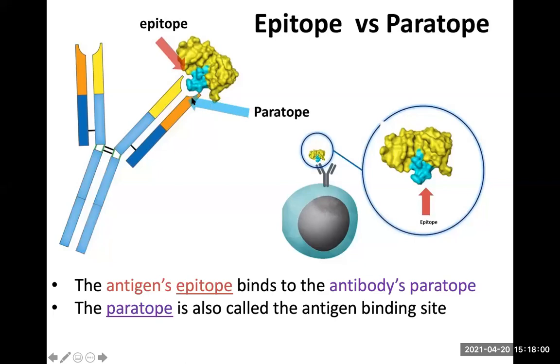So the paratope is on the variable region of the antibody. The epitope is on the antigen, and it's the part of the antigen that binds to the antibody. Okay, so paratope and epitope are the most specific terms that you can use for binding of antibody to antigen.